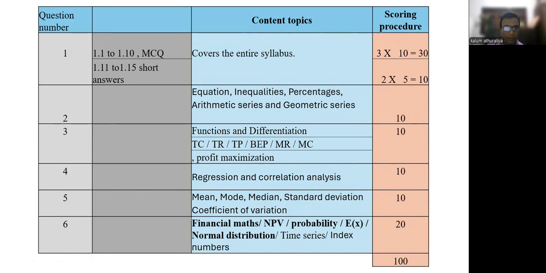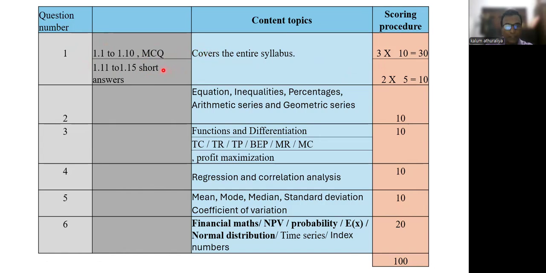The first 10 questions are MCQ, then another 5 questions are short answers. You will have simple calculations, and sometimes theory parts may also be included here. The first 10 multiple-choice questions have 30 marks. Each question has 3 marks.